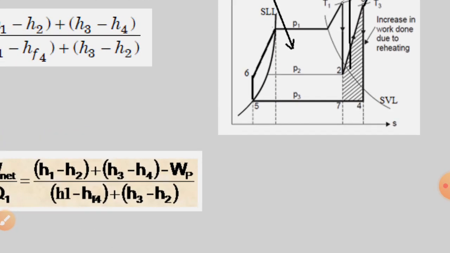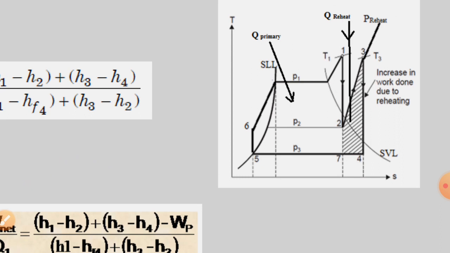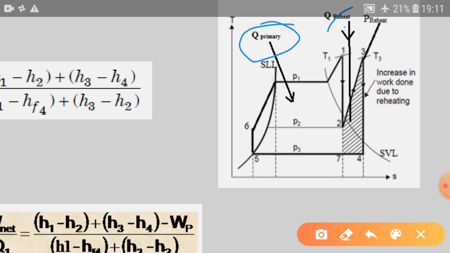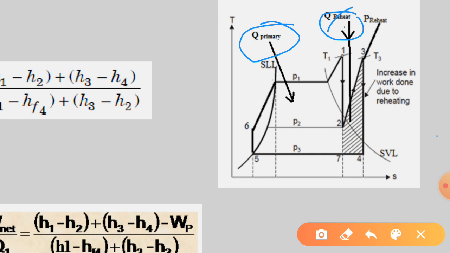See here, without reheating process, the change in enthalpy, that is heat supplied, is only Q primary. So Q reheat will not be there. Therefore we need to calculate Q primary for this. So Q primary is higher enthalpy H1 minus lower enthalpy HF5.